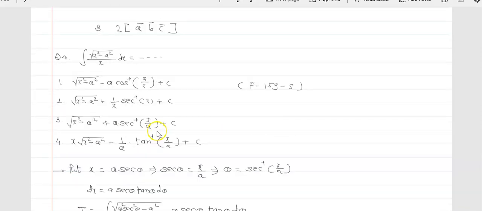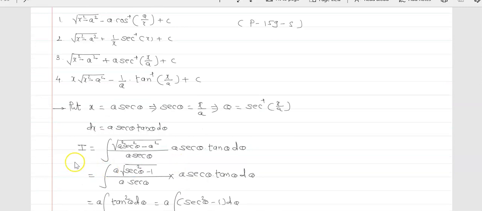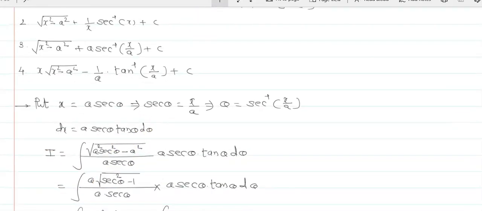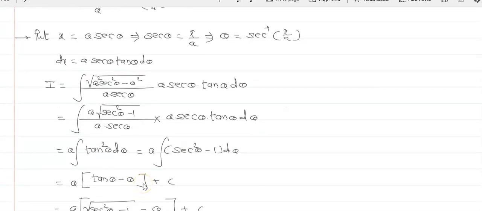Substitute the values in this integral, that is I is equal to integral of root of a square sec square theta minus a square upon a sec theta, into a sec theta tan theta d theta. If we solve this, you will get sec square theta minus 1, integral of sec square theta is tan theta, integral of 1 is theta.